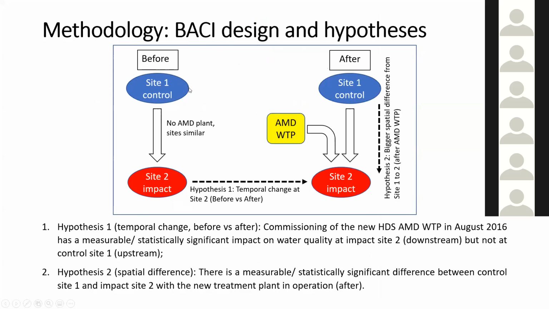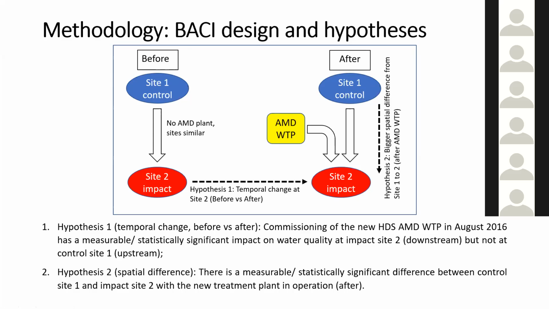But the conditions before mean that there's no AMD treatment plant at that time. So what we expect is that the sites should be similar. So that is our before versus after. And then afterwards, we would expect that site 1 and site 2 will be different because of the influence of the AMD water treatment plant.